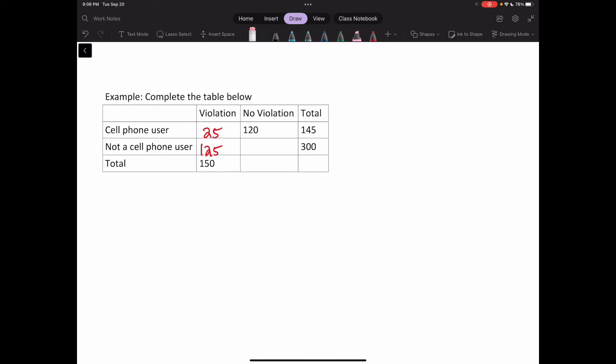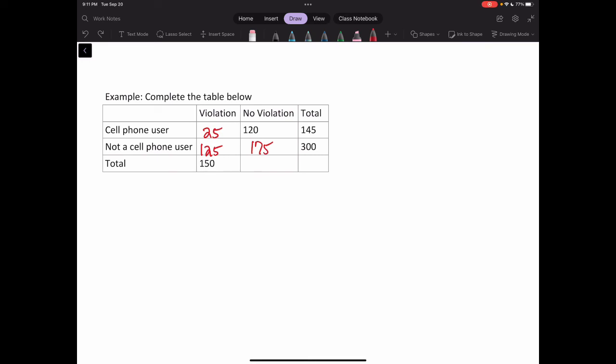Now focus on the not a cell phone user row. I'm sorry, I know I'm all over the place. There are 300 total people that did not use a cell phone, but 125 of them had a violation. So 300 minus 125, I believe that is 175. Once again, that was found by taking 300 minus 125.